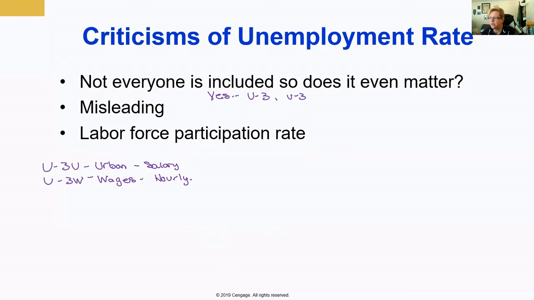So what I want to say about the unemployment rate is it could be very misleading. For example, if the unemployment rate decreases, is that necessarily a good thing? It's not necessarily a good thing. We have to look at who is decreasing. So when we look at the unemployment rate, if we have a lot of people that were looking for jobs and were in the unemployed category and have subsequently given up looking for jobs, then they move to not in the labor force.